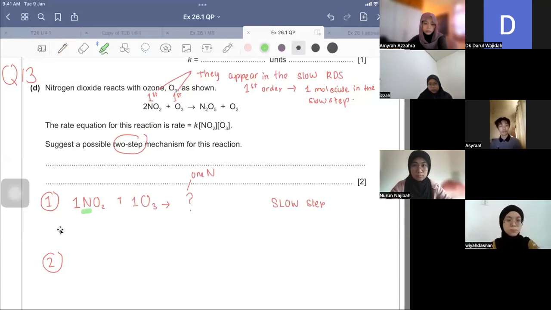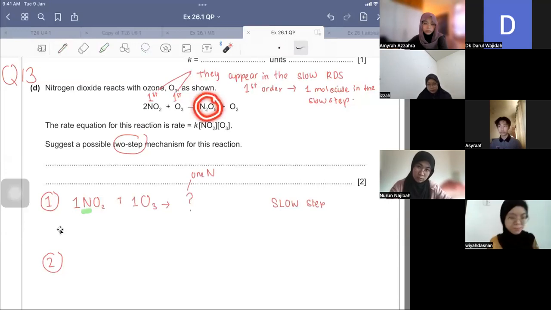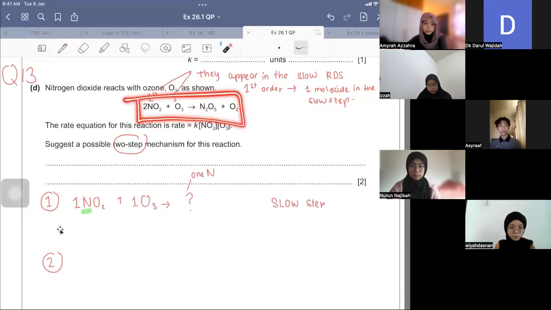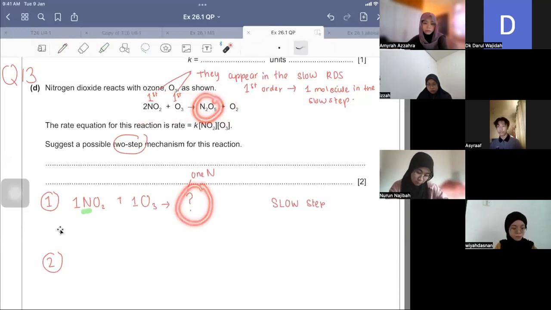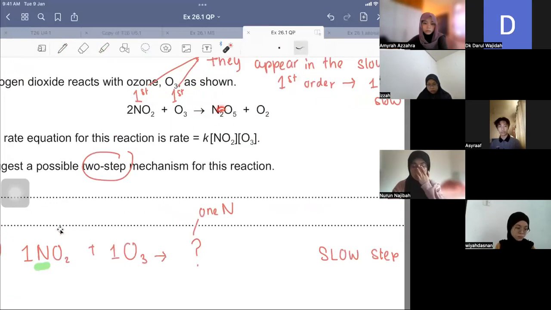Okay, now if you look at the products, you have N2O5 and O2. Okay, remembering that when you add the steps of your mechanism, step 1 plus step 2, it should be equal to this equation. Okay, so since your N2O5 cannot be your product here because this N2O5 contains 2 nitrogen, whereas here you can only have 1 nitrogen.